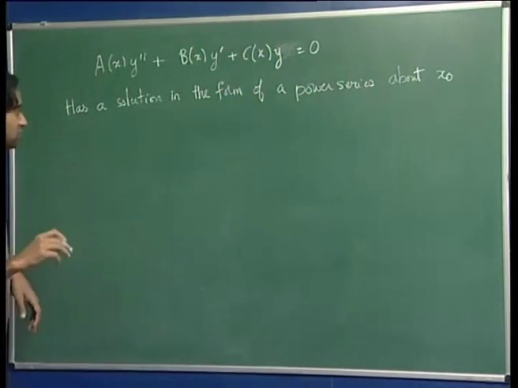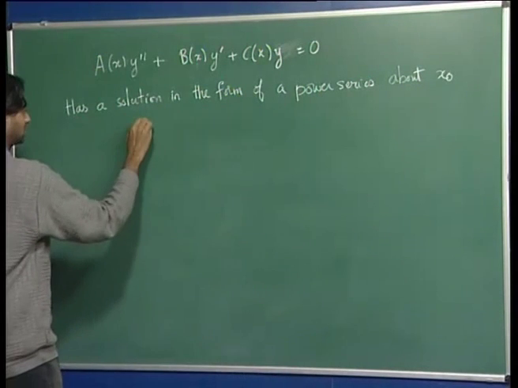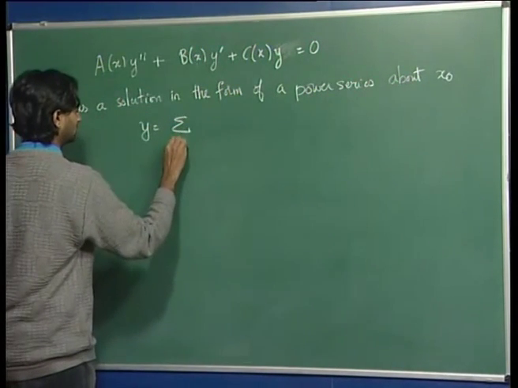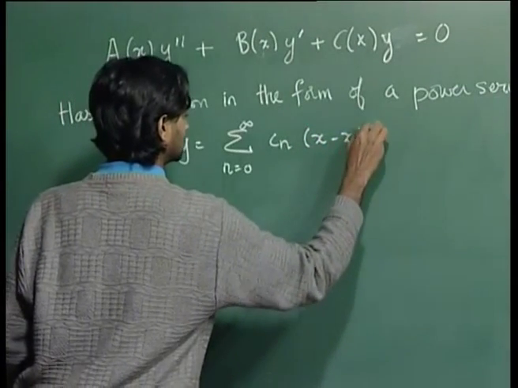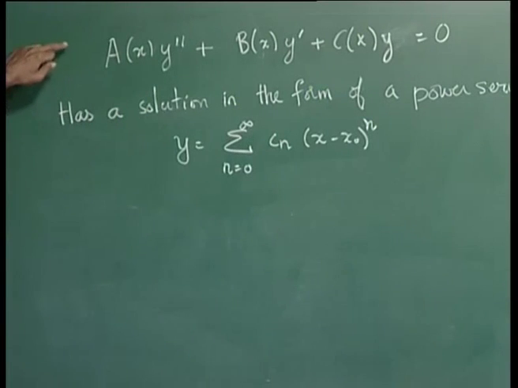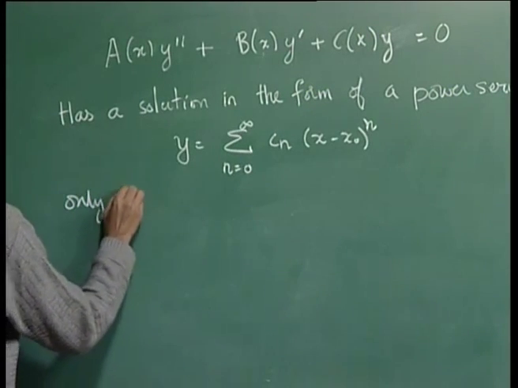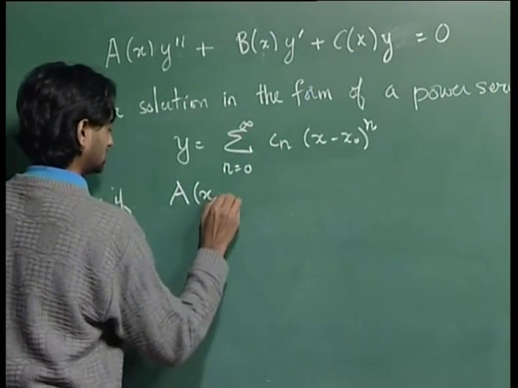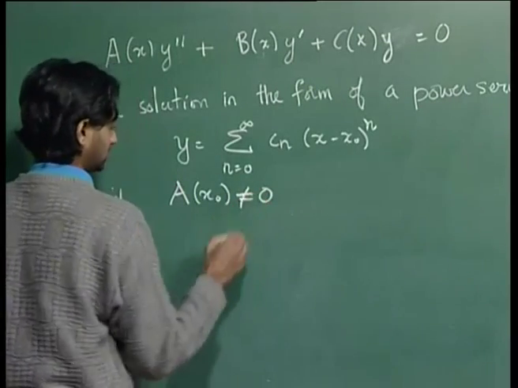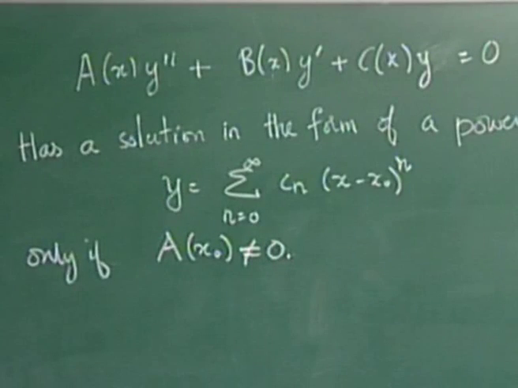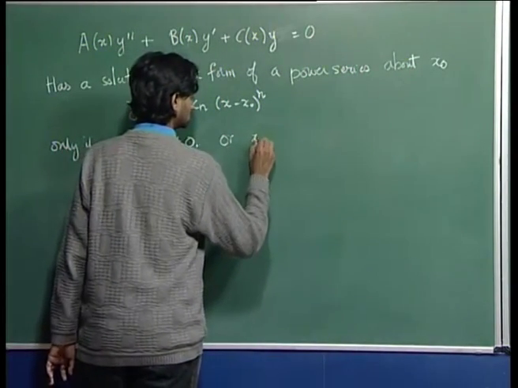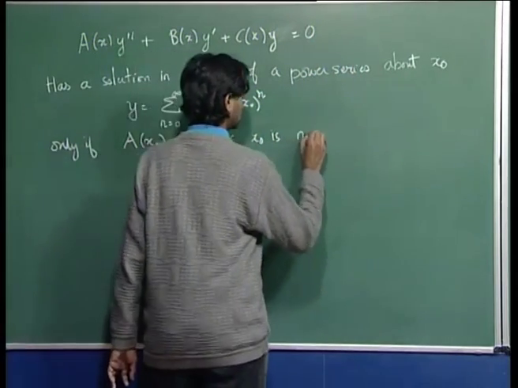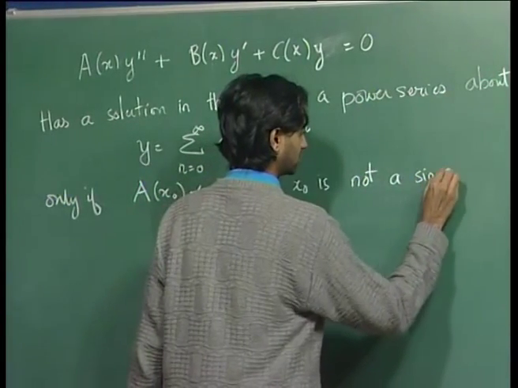Okay. So, this has a solution in the form of a power series about x 0, and that solution will have the form y is equal to sum over n equal to 0 to infinity C n x minus x 0 raised to n. Okay. So, this differential equation has a solution only if a of x 0 is not equal to 0, or x 0 is not a singular point.